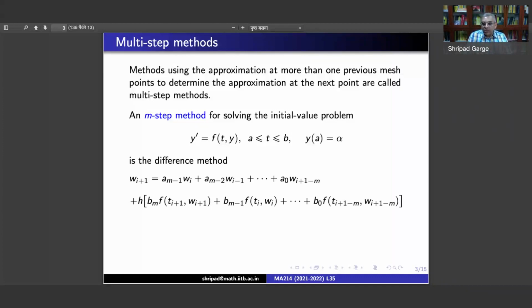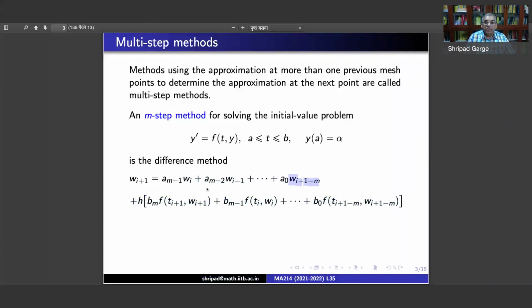Then an m-step method for solving this initial value problem is the difference method given by this particular formula. It looks a bit complicated, which it should be because we are using data from many previous points. So you will be using not just the approximation wi, but also wi minus 1 up to wi plus 1 minus m. So it's an m-step method, right?